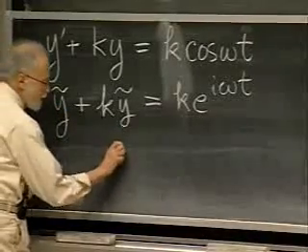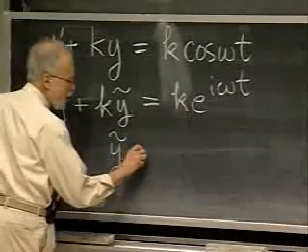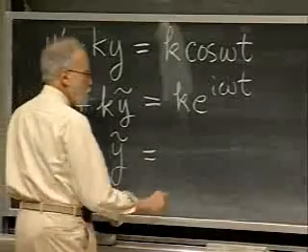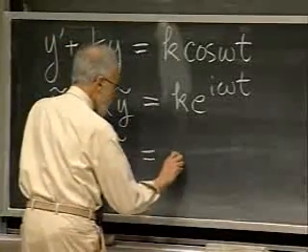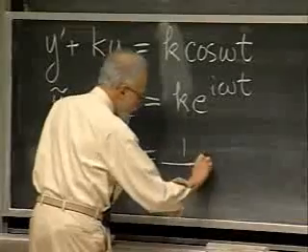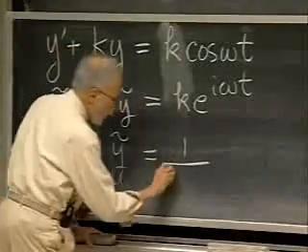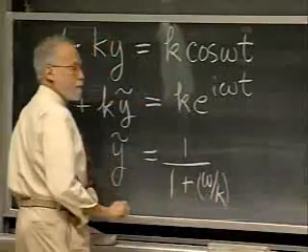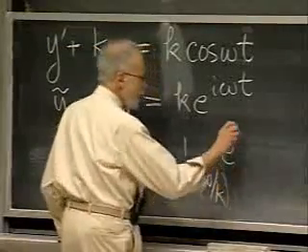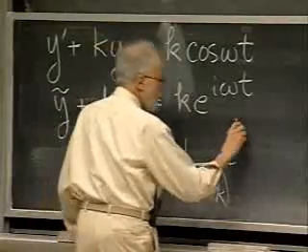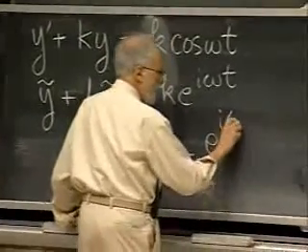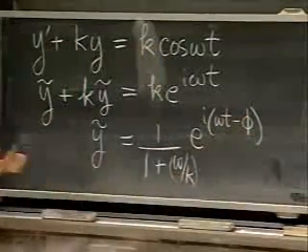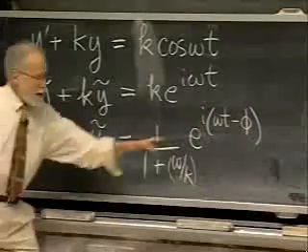So the result was, after doing that, y tilde turned out to be 1, after I scaled the coefficient, 1 over 1 plus i omega over k. And then the rest was e to the i times omega t minus phi, where phi had a certain meaning.